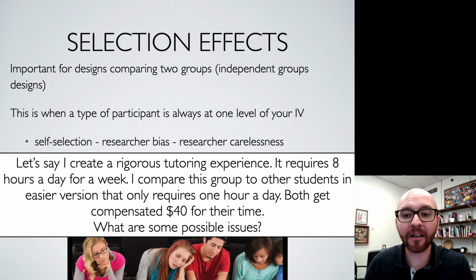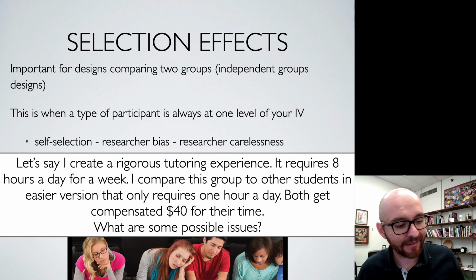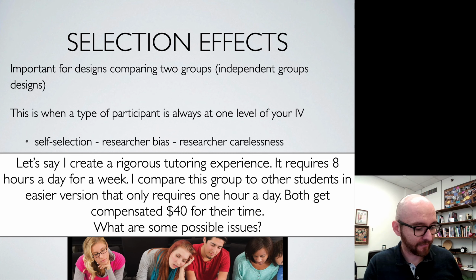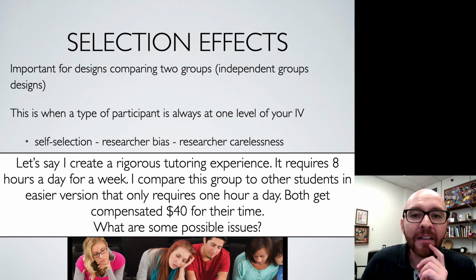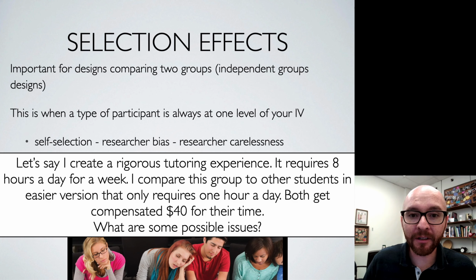I'll give you a more concrete example. So here you have a study where you're comparing two groups, and they only experience one condition, right? You have two conditions. You have a very rigorous training.